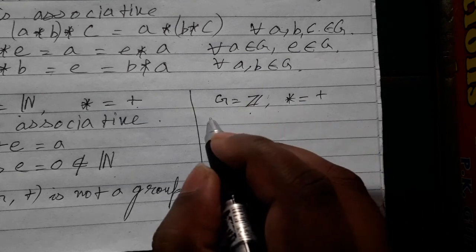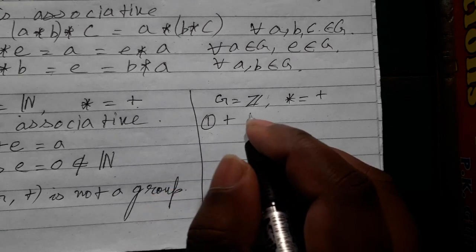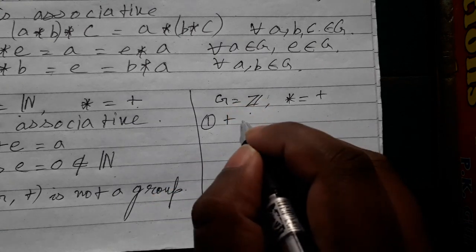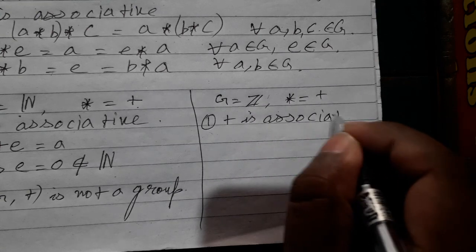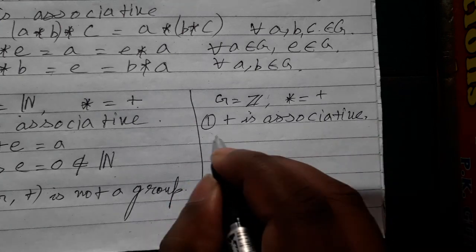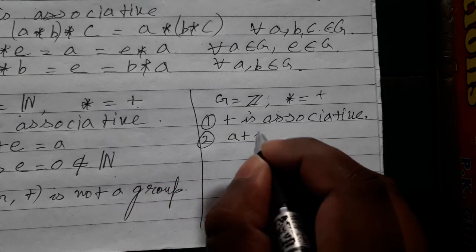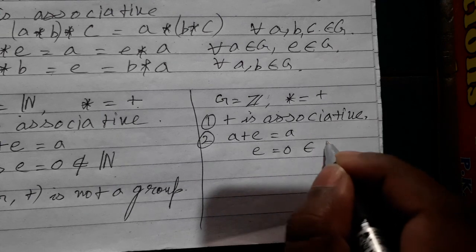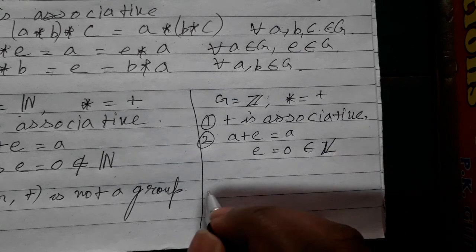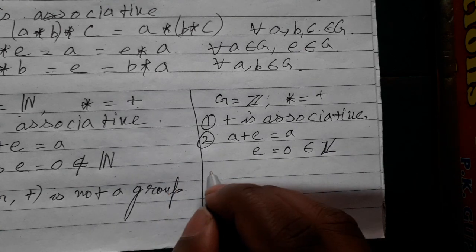Also, addition of integers is associative. Number 2, let us check whether it has an identity element. A + E = A implies E is 0, and 0 belongs to the integers, so it has an identity element.